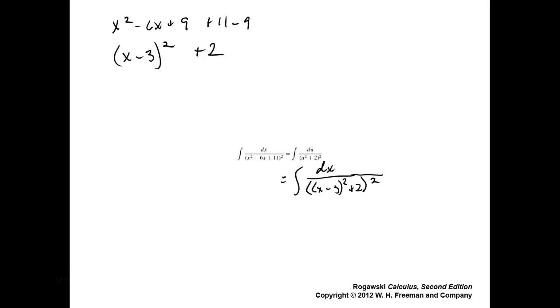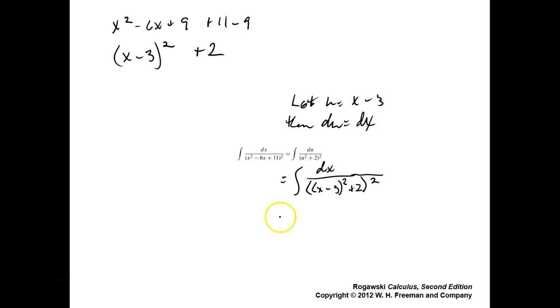All right. Now, at this point, notice they made a substitution. Okay? And they said let u equal x minus 3. Then du is dx. Okay?